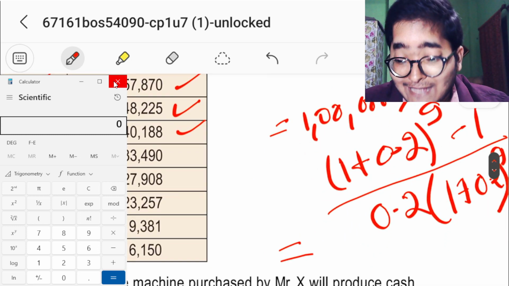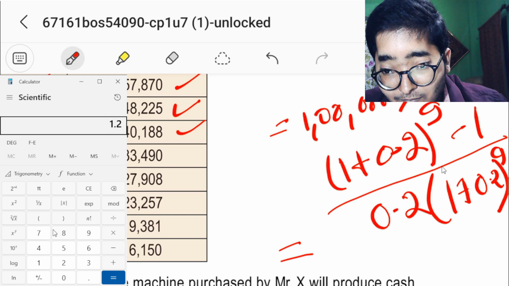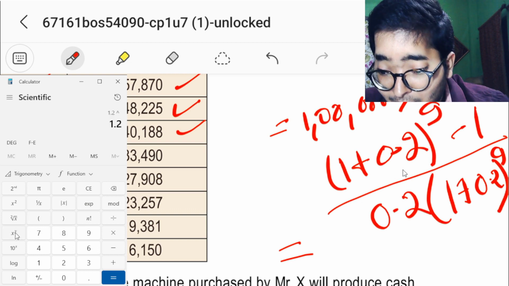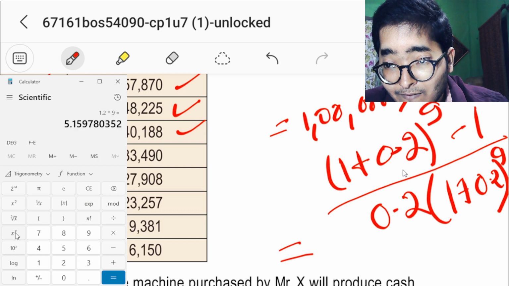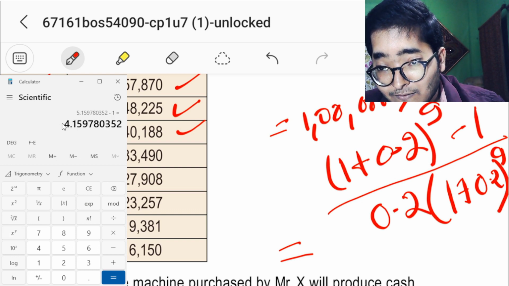So let's calculate 1.2 to the power 9 minus 1. So this is the value.